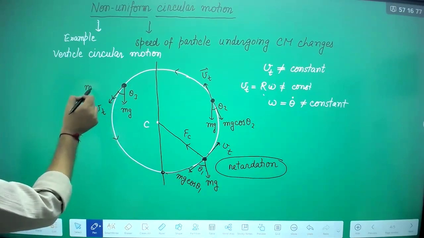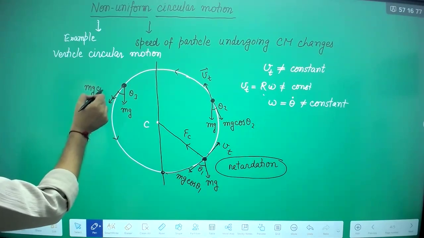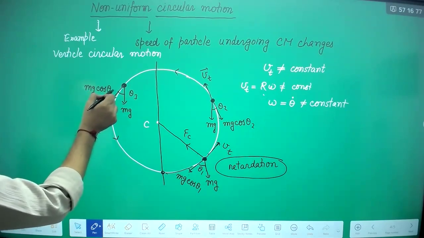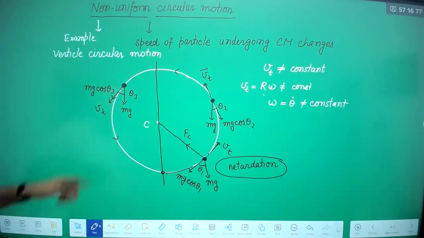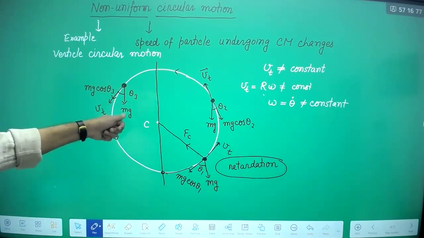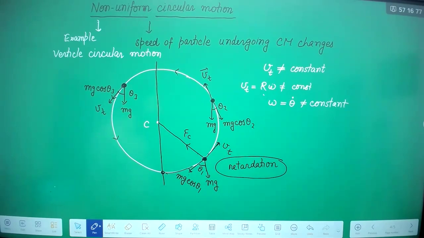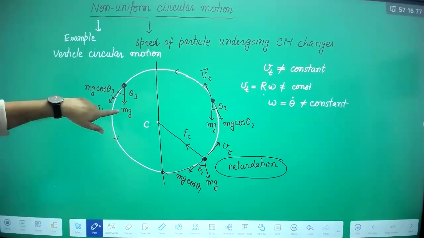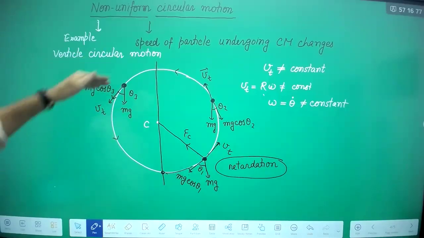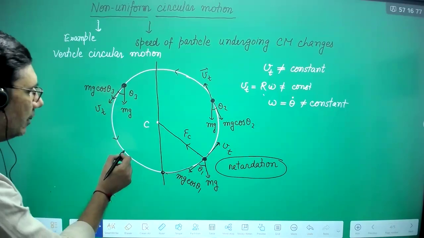So this will be mg cos θ3. So in this second half, a component of the weight will act in the direction of the velocity. That's why speed is going to increase. Due to the component of this weight, throughout this zone, you can choose anywhere.